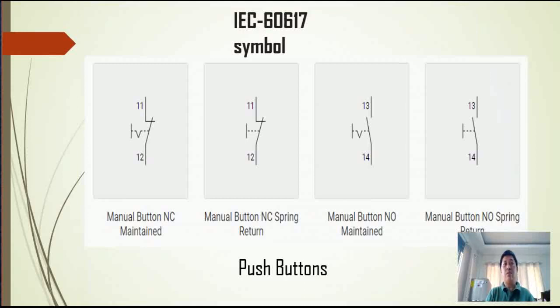IEC symbols: manual button normally closed, maintained; manual button normally closed, spring return; manual button normally open, maintained; and manual button normally open, spring return. So these are push buttons.